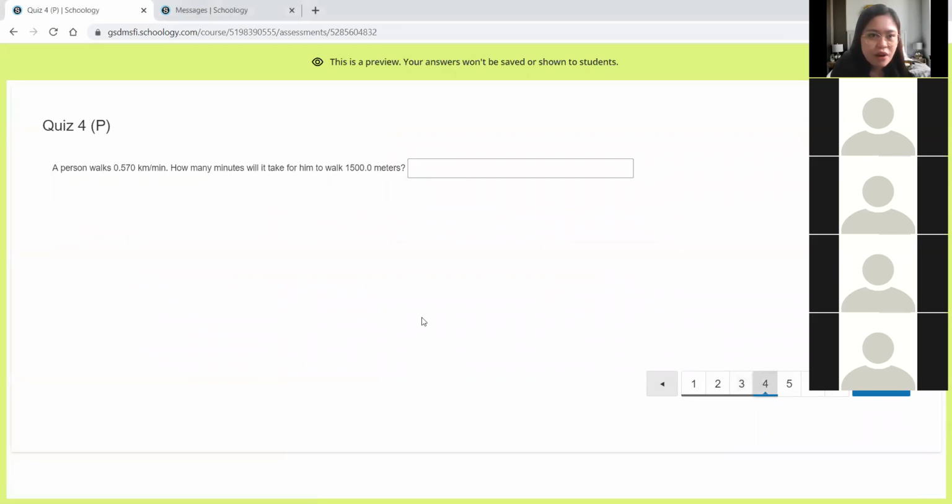So let's move on. A person walks 0.570 kilometers per minute. How many minutes will it take for him to walk 1,500 meters? So the given here is 1,500 meters. We will convert this sa kilometers.